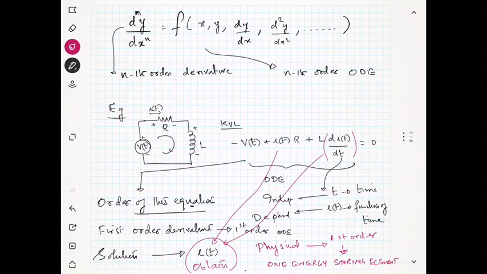What is that energy storing element? It is nothing but your inductor, right? So inductor will store the energy. So the order of this differential equation is also conveying the fact that it contains only one energy storing element.